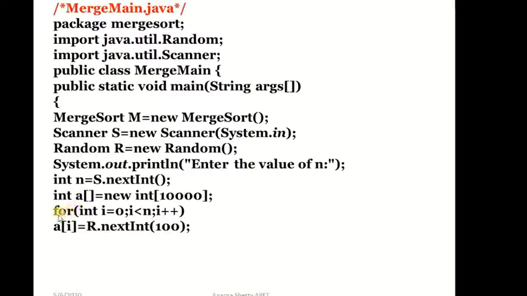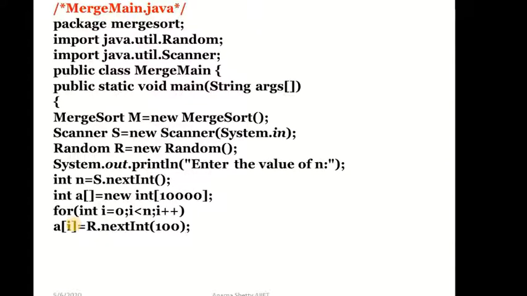Next, using this for loop, we are assigning the values for the array. In the question they have told that you can create the integer elements to be sorted. Here we are storing the elements in the array, and to generate the elements of the array we are using random numbers.